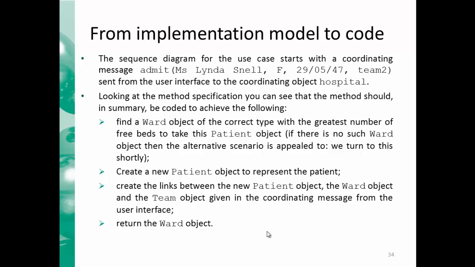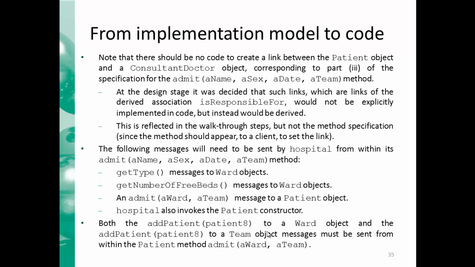Then we start creating the links between the patient, the ward, the team, and the consultant doctor, and at the end we return the ward object to confirm that this patient has been admitted to that particular ward.